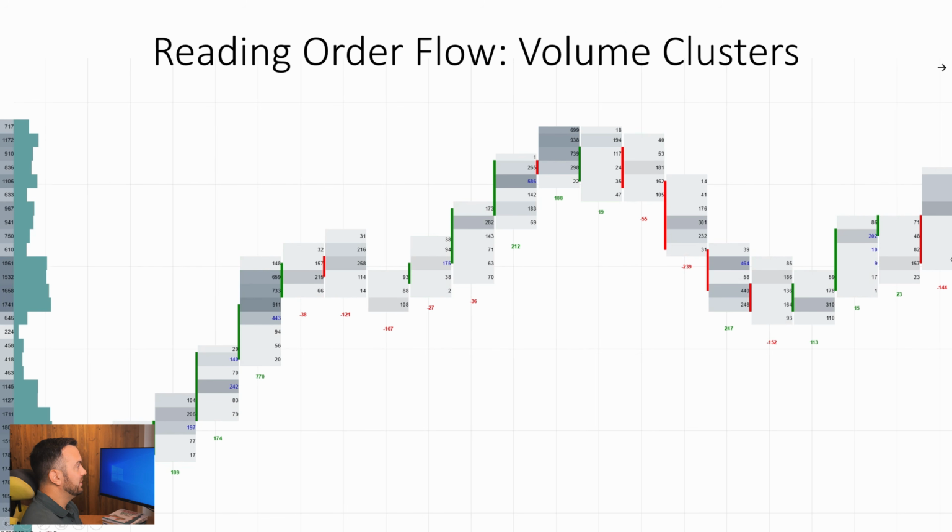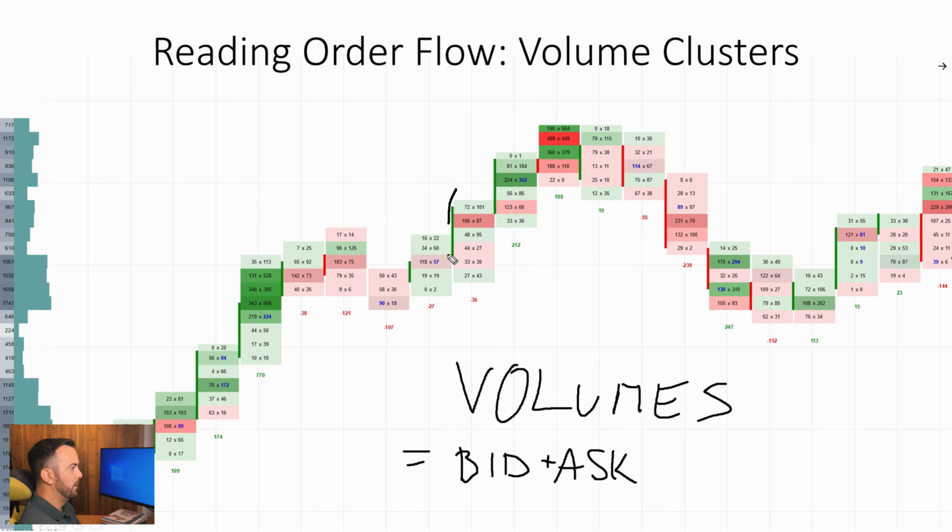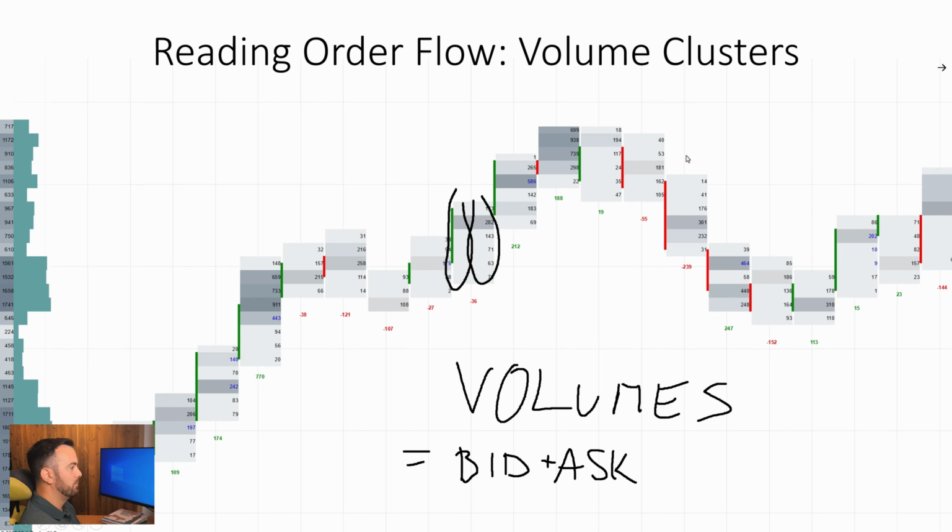Now, I actually like to look for the volume clusters on this type of chart. It is a footprint chart which shows total volumes, which means bid plus ask, right? So the previous chart was showing bid and ask, but this one is showing the total bid plus ask.